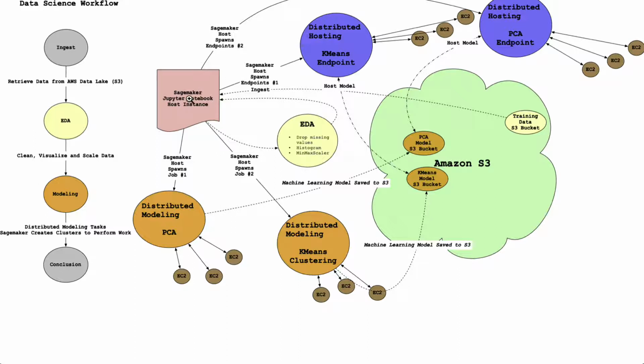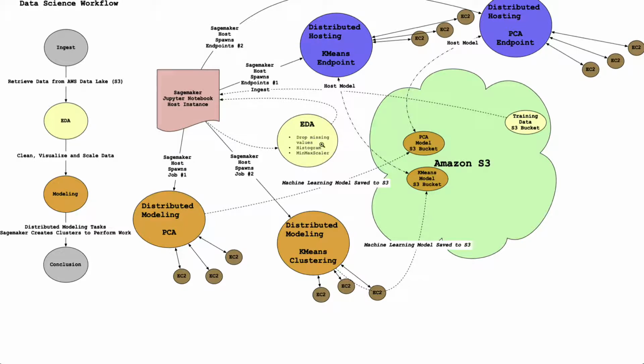And then what happens is that you need to communicate back and forth with the data lake, which is S3. So all of your training data needs to go back and forth with this notebook. So it's very good that this framework is here to facilitate that communication.